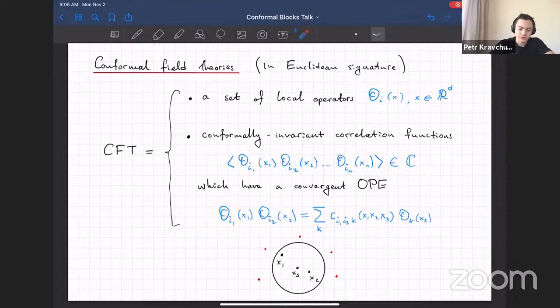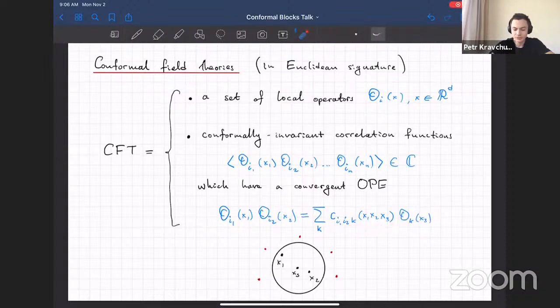And we want these correlation functions to be conformally invariant and satisfy a convergent OPE expansion, which is to say that when we take a pair of operators inside of this correlation function, we can replace it by an infinite sum of all other local operators with some coefficients.